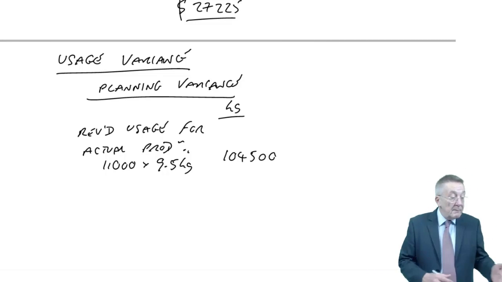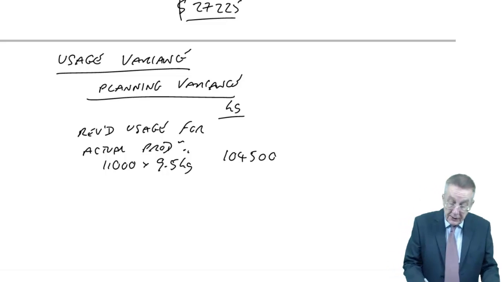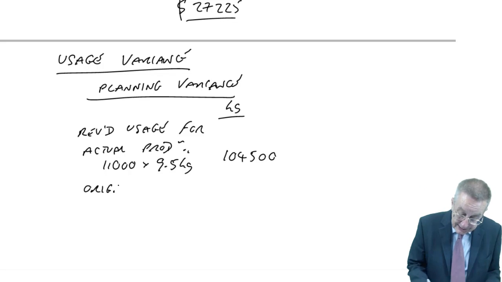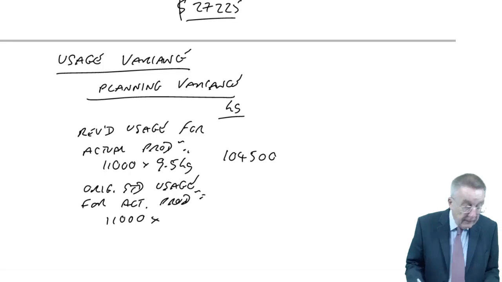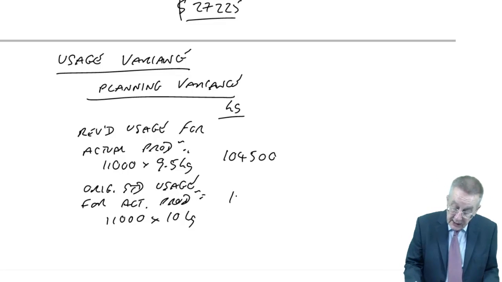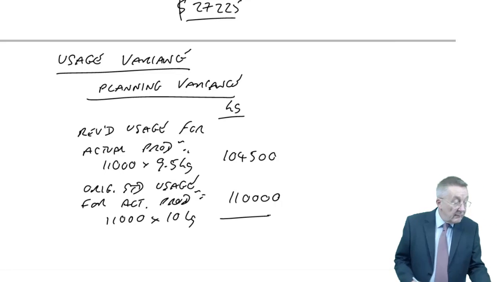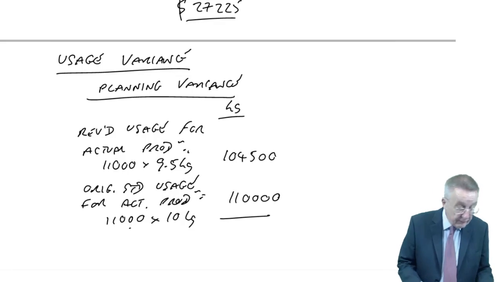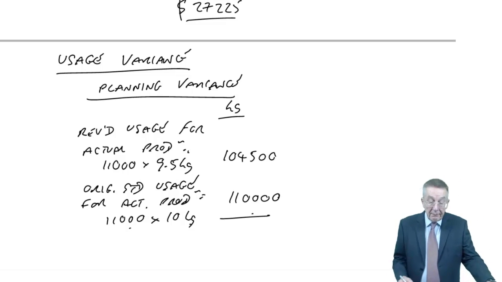Compare it with the original standard usage for the actual production. Again, we produced 11,000. We thought we should have been using originally 10 kilos a unit. So 110,000.